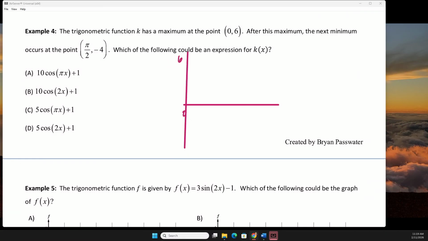All right, so up at 6, we have a maximum. And then the next minimum is at pi over 2, negative 4. All right, so we have this kind of situation.